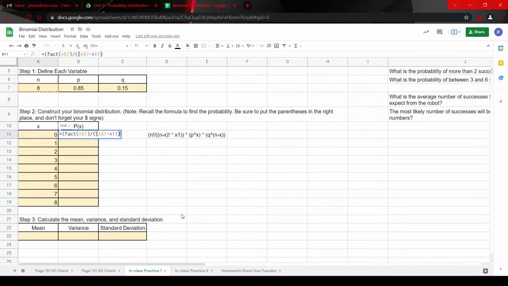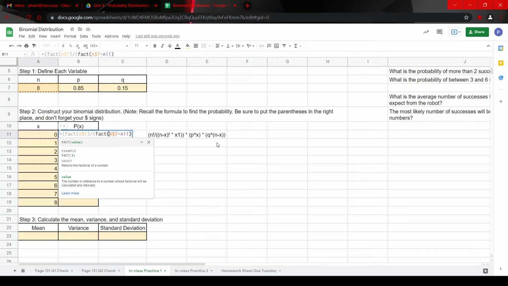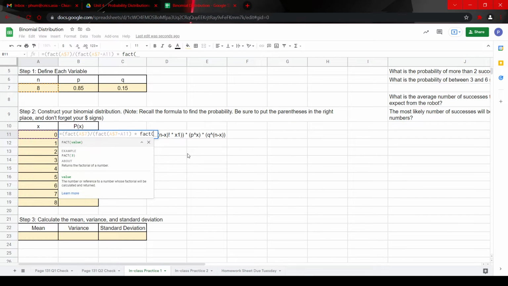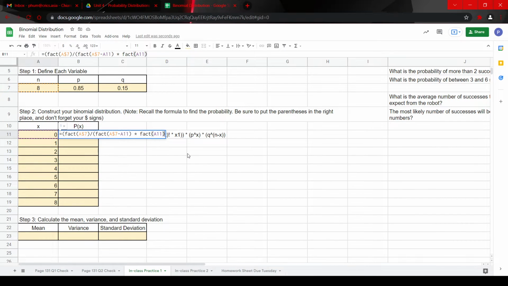This time, I do want the x to be changing as I move through the list. And I forgot to put factorial, so I will go ahead and do that. Factorial of n minus x multiplied by factorial of x, which is in A11.